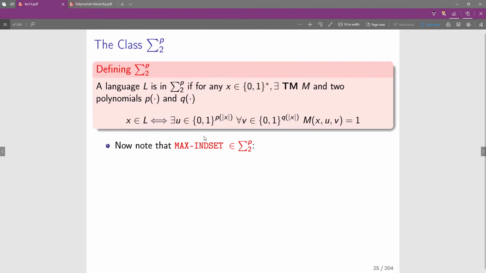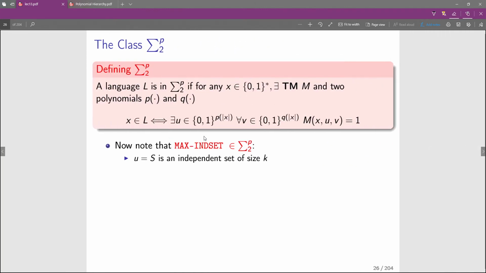Clearly our previous problem had this: there were two quantifiers, first there exists and then the universal quantifier. So our previous problem belongs to this class, which is sigma 2p.